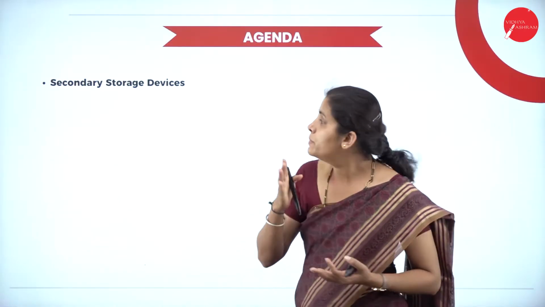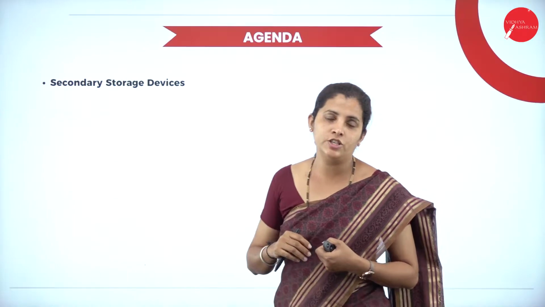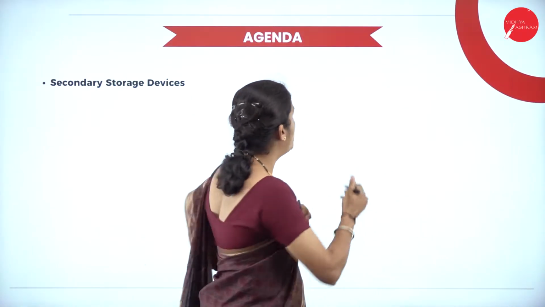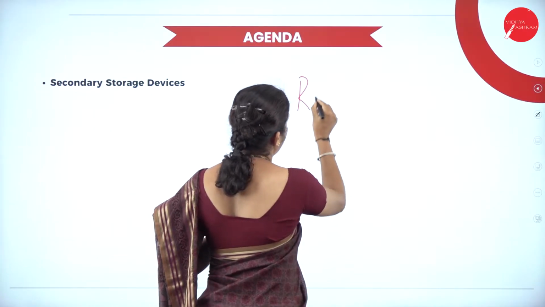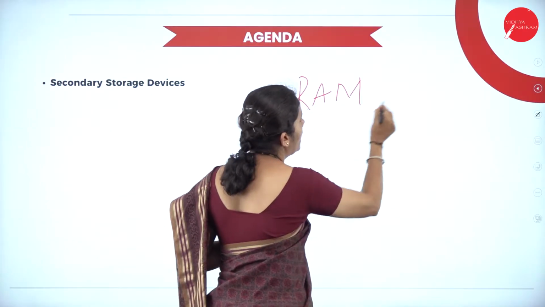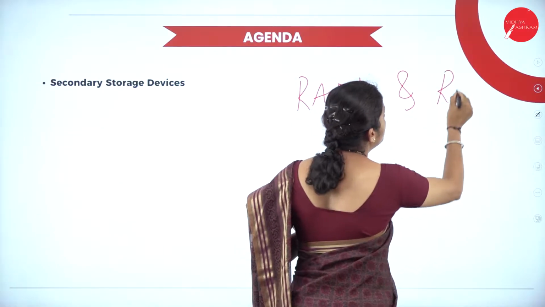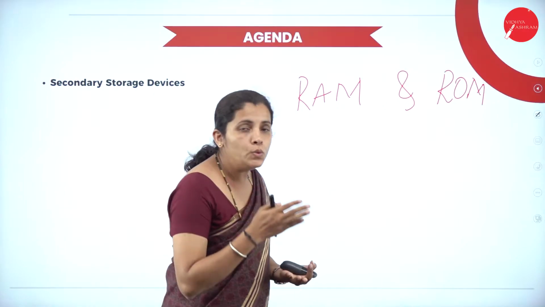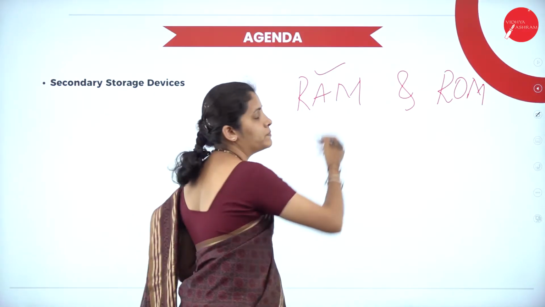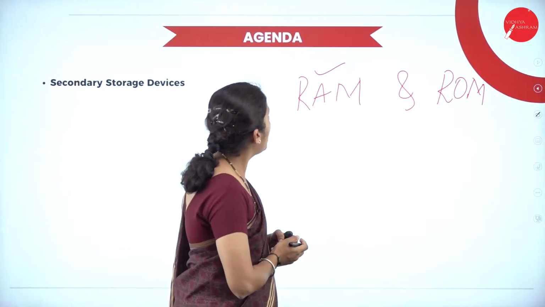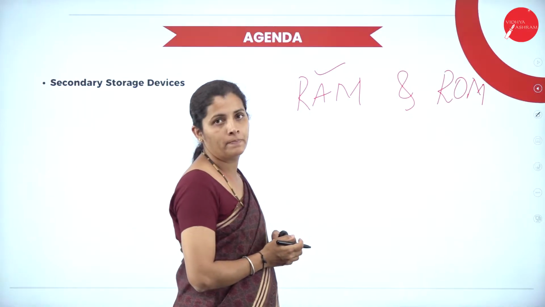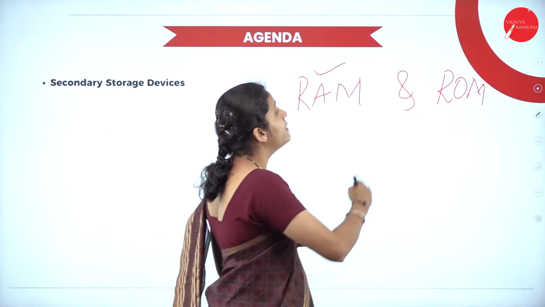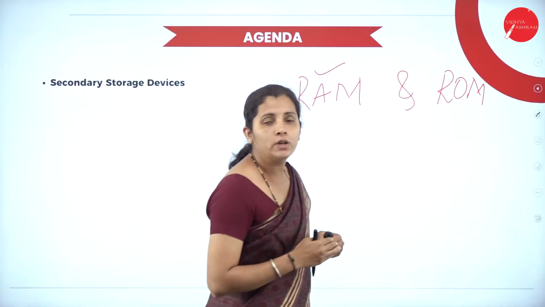Dear students, before going to start my session, I want to tell the difference between ROM and RAM, which we discussed in the last class. I'll write RAM and ROM. What is RAM? That is random access memory, whereas ROM is read-only memory.